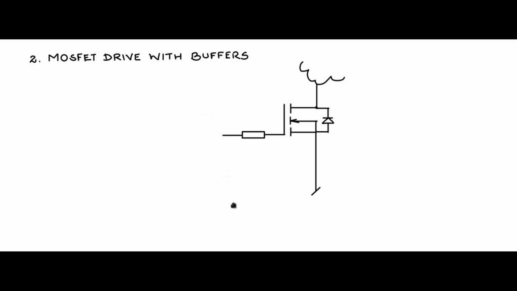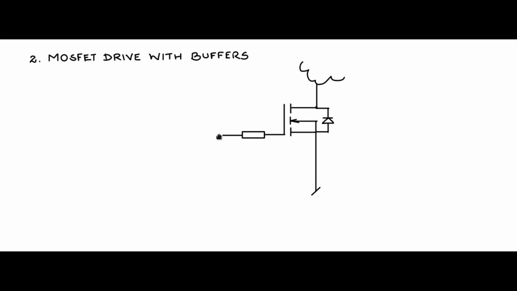If the sourcing capability of the source is low, then even if you reduce this resistance, the charge will be pumped into the gate over a period of time, and therefore the turn on time may be longer. The turn on may be slower.